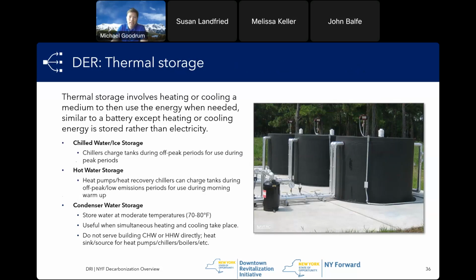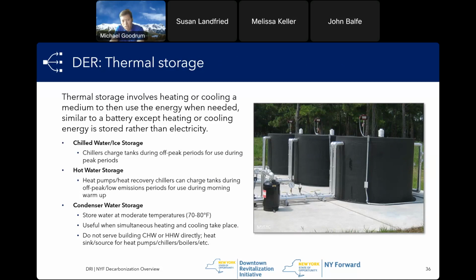And then the last one is thermal storage. Thermal storage can be really useful together with heat pumps and some of the electrification solutions, especially helping to either shift the load or shave the load.